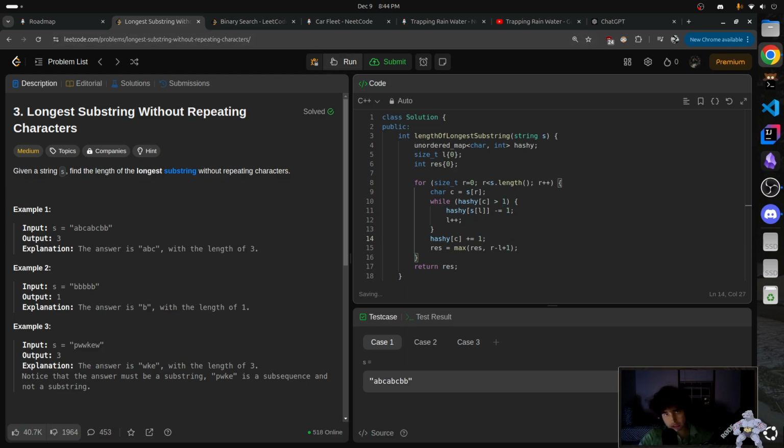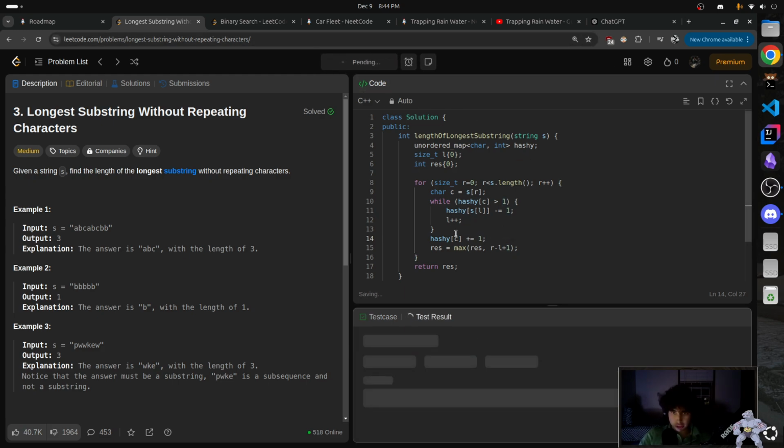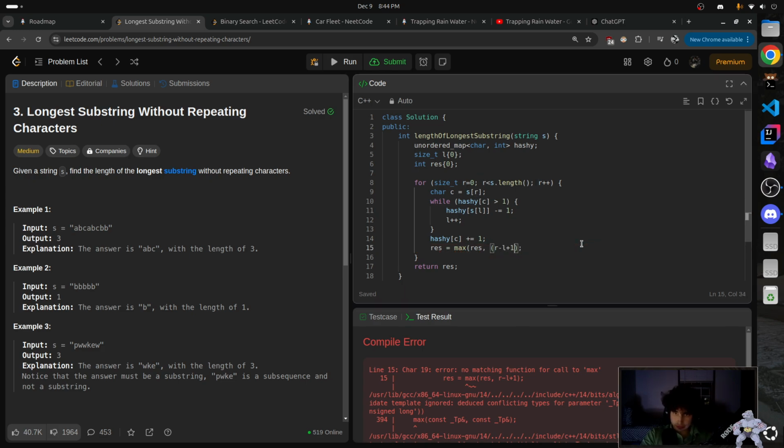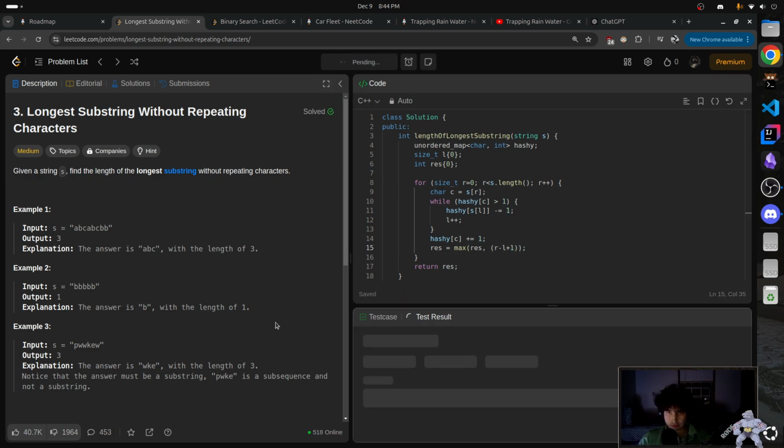Take your guesses. First try check. First try check. No matching function. Man, you guys are killing me, bro. What do you mean? What do you mean no matching function call?